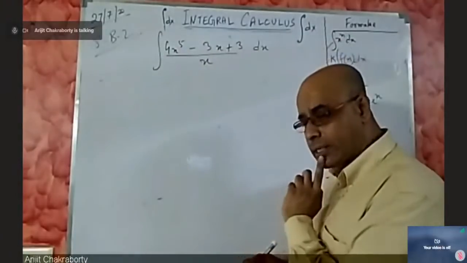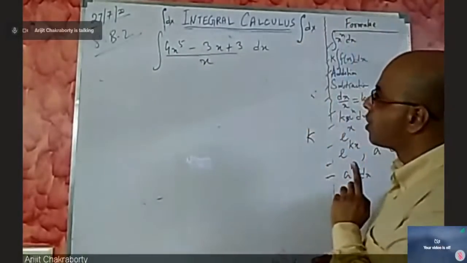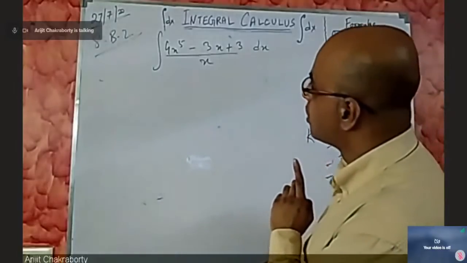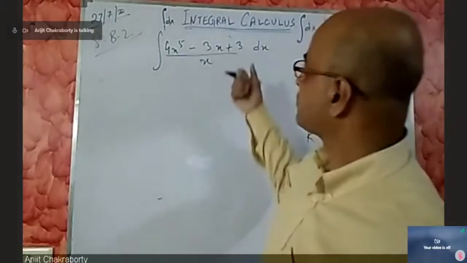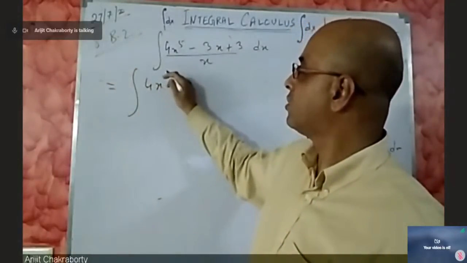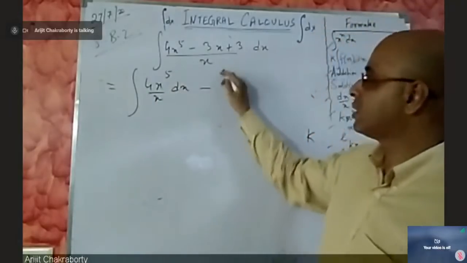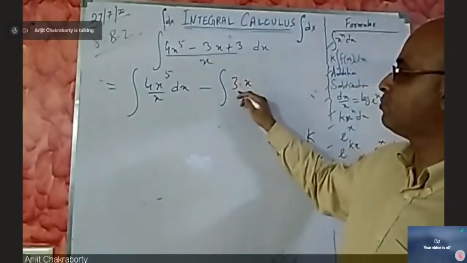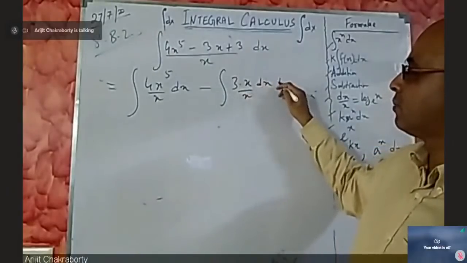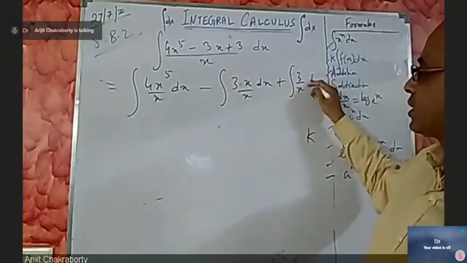So what I do is, let me do one thing. Let us split it up into integral of 4x^5 by x dx minus 3x by x dx plus 3 by x dx.